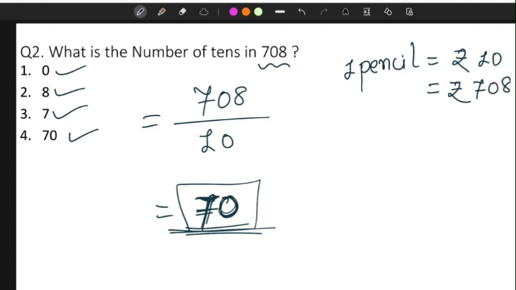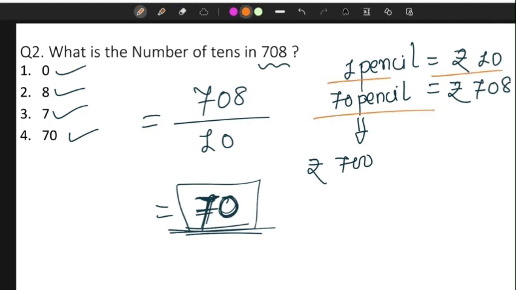One pencil is 10 rupees, so 70 pencils will cost 700 rupees. Now you have 8 rupees left. You cannot buy a pencil with 8 rupees; you need 2 rupees more to buy one more pencil. So these 8 rupees will stay with you.